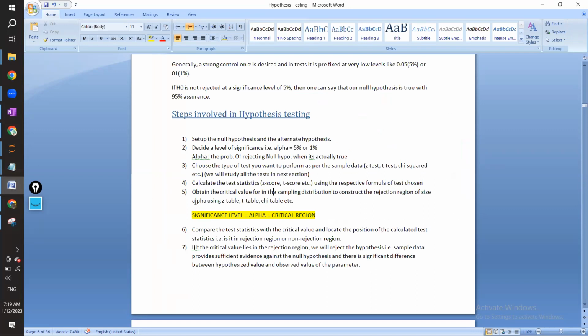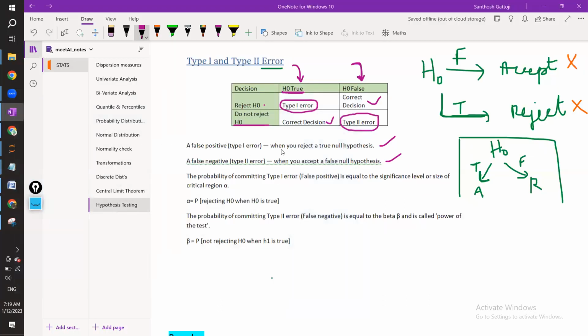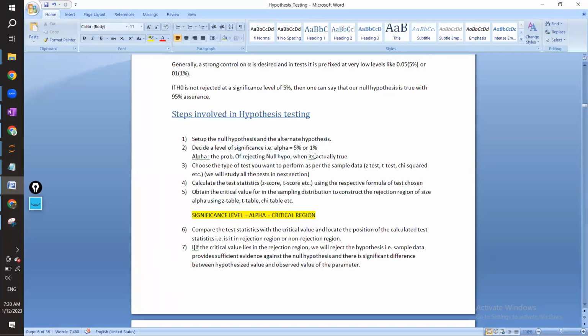See, in this scenario also, what was the alpha, guys? The alpha region, what we are saying, 5%, 1%, what did we put it here? It is the probability of rejecting the null hypothesis when it is actually true. Same thing here, right? When you reject a true null hypothesis, that means the null hypothesis is true but you are rejecting. That is alpha, your significance level.